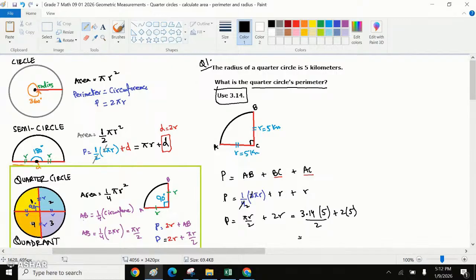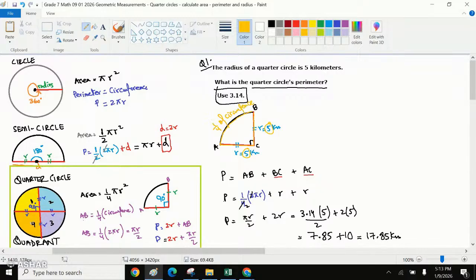Let's use a calculator. 3.14 times 5 divided by 2 is 7.85, plus 10, and the total perimeter comes out to be 17.85 kilometers. So basically we were trying to find this length, given the radius as 5, and this part was 1/4 of the circumference.